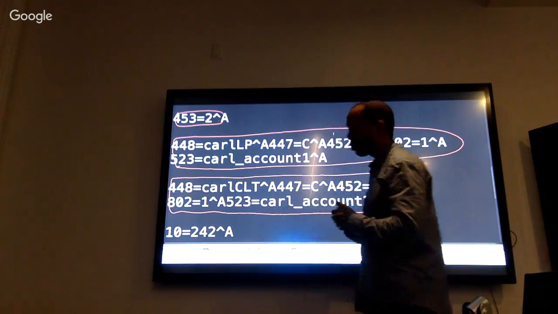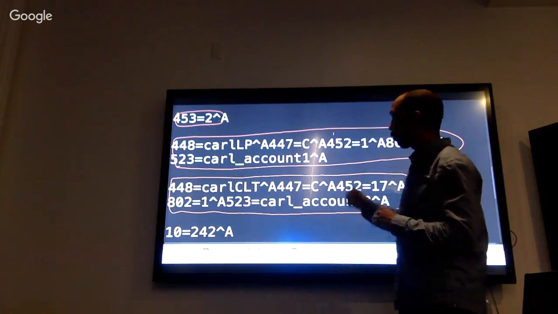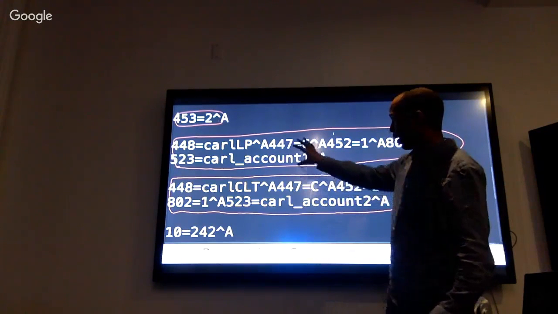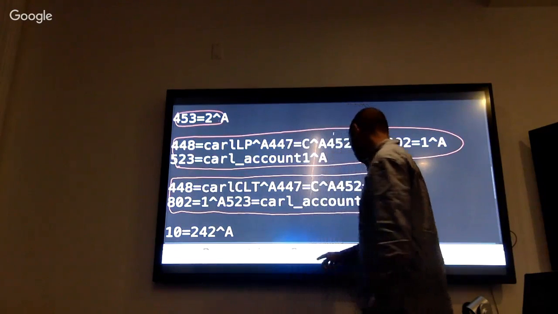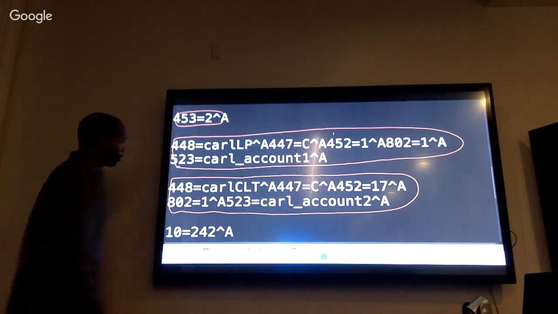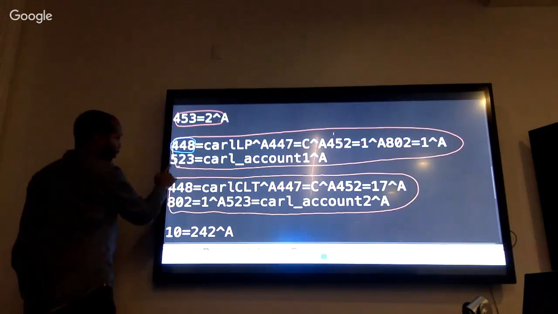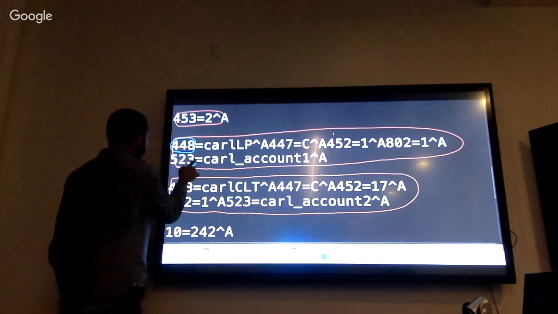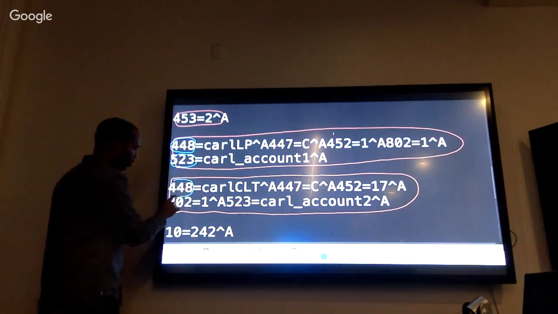Now, as far as what information is being conveyed, don't look at 448 as just the beginning of the repeating group. Look at it for what it is. Look it up. If you look it up, you will see that we're using 448 in conjunction with 523. So let's get a different color here. 448 in conjunction with 523.